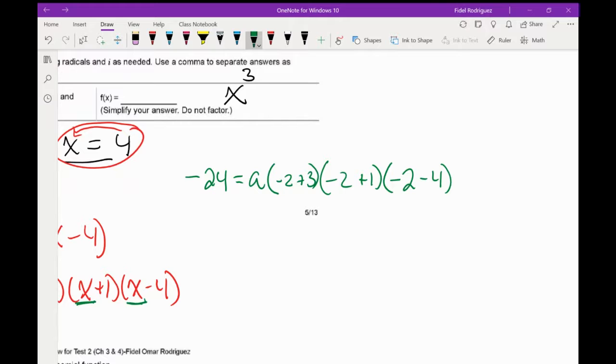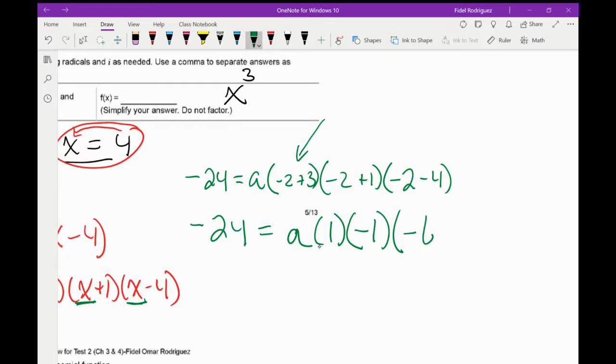All right. So I'm going to try to solve for a from here. So -24 equals, I'm going to leave my a alone for right now. I'm going to do this part here. -2 plus 3 is just the number 1. -2 plus 1 is a -1.